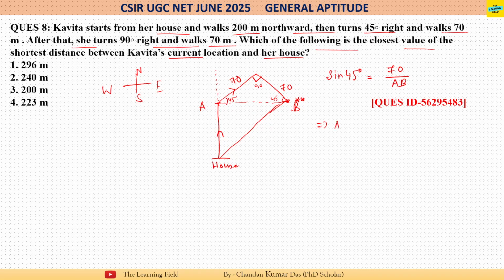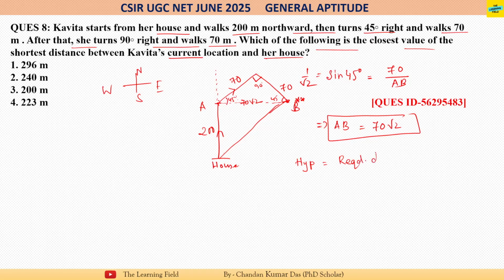So AB equal to, sine 45 degrees means 1 by root 2, AB equal to 70 root 2. So this distance we get is 70 root 2. We know this is 200 and we have to find this distance. That is, this is the hypotenuse. So the required hypotenuse is our required distance.